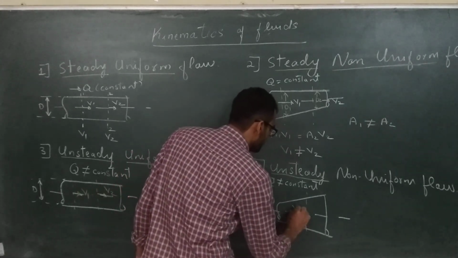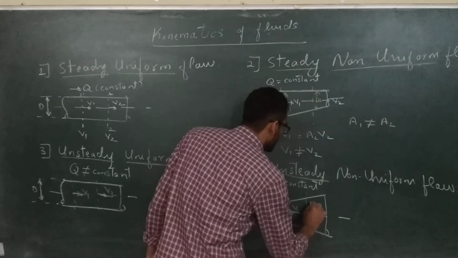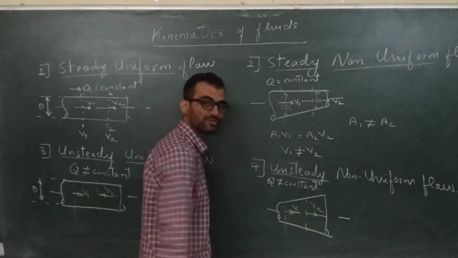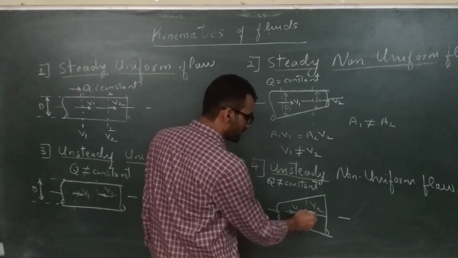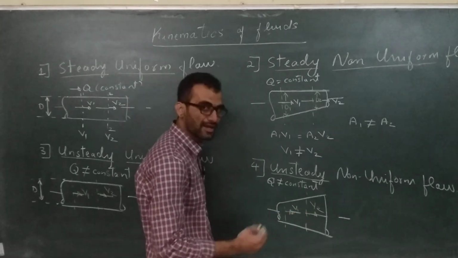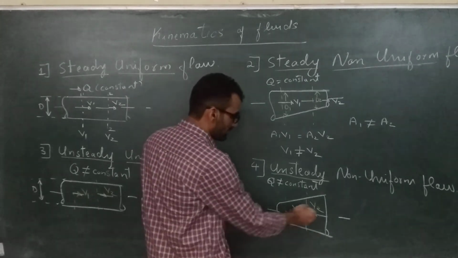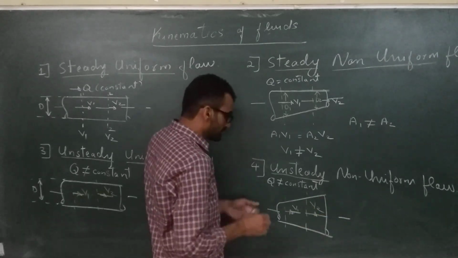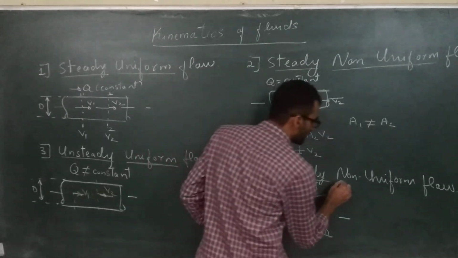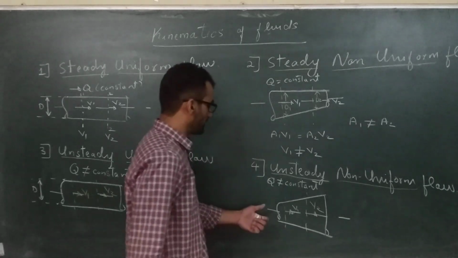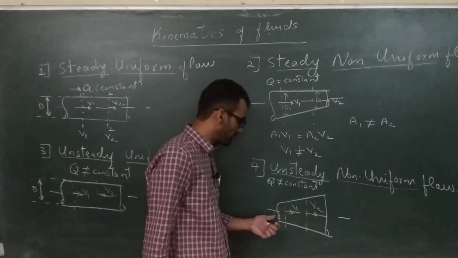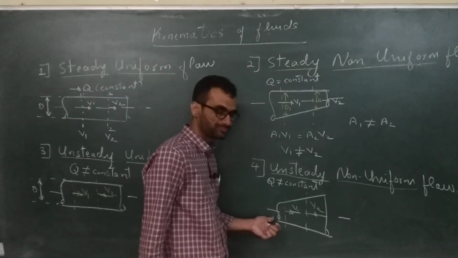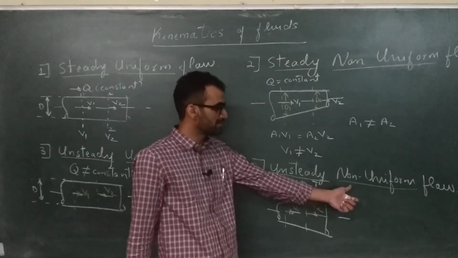This will be V1, this will be V2. V1 will not be equal to V2. Because of the continuity equation, as we have seen, areas are different, so velocities will also be different at any point of time and in space. So the flow becomes non-uniform. So a constantly varying discharge flowing through a pipe of varying diameter becomes an example of unsteady non-uniform flow.